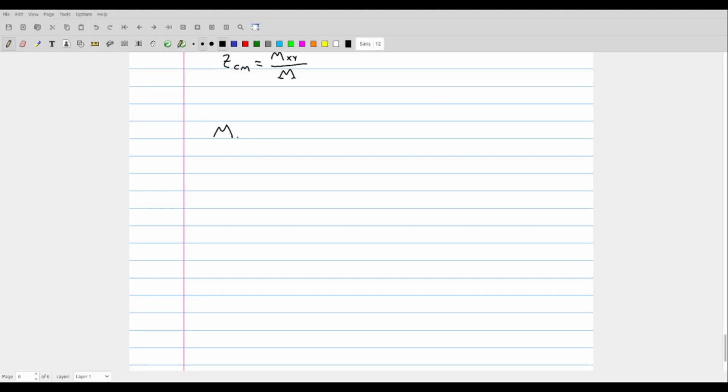The first moment for x, or the yz plane, is going to be the triple integral over omega, which is a rectangular region, so just from 0 to 3, from 0 to 4, and from 0 to 3 of the density function, which is z e to the x plus y, and this will be times x dz dy dx.